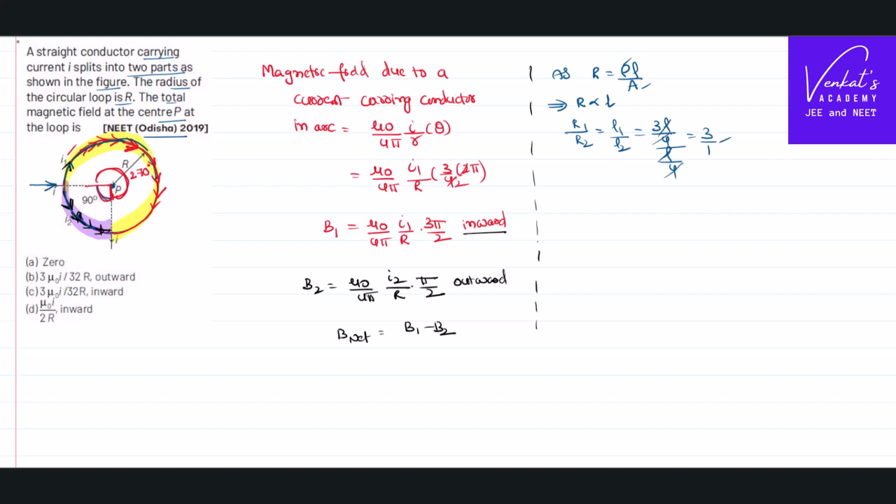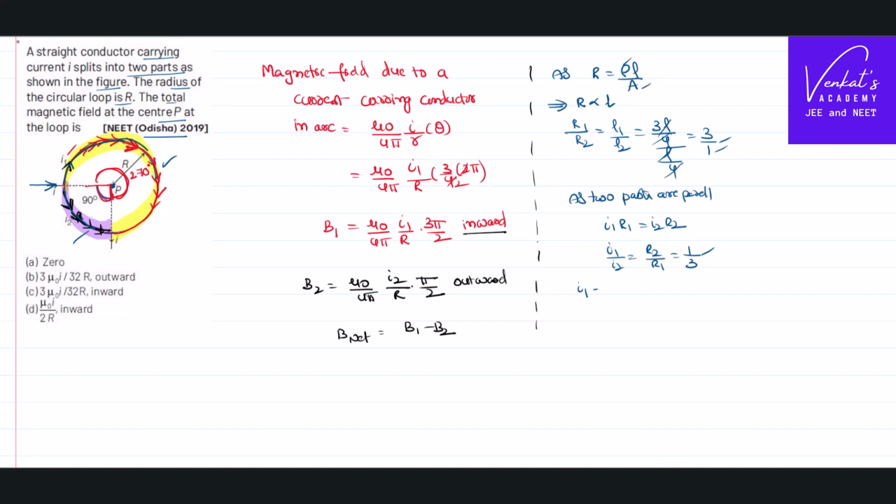So the resistances are in the ratio of 3:1, and the two parts behave as parallel to each other. Potential is the same, that is I1 R1 equal to I2 R2. That implies I1 by I2 equal to R2 by R1. R2 by R1 means 1:3. That means the total current is divided in the ratio of 1:3.